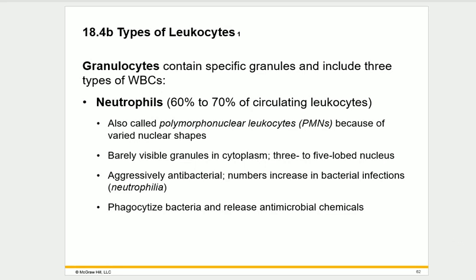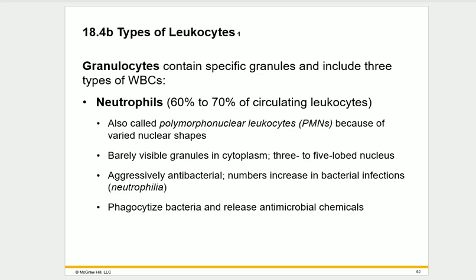The nucleus is clearly visible in these, and in mature neutrophils, they typically consist of 3 to 5 lobes connected by slender strands, but you don't have to know too much about that. Aggressively antibacterial, so numbers increase in bacterial infections.